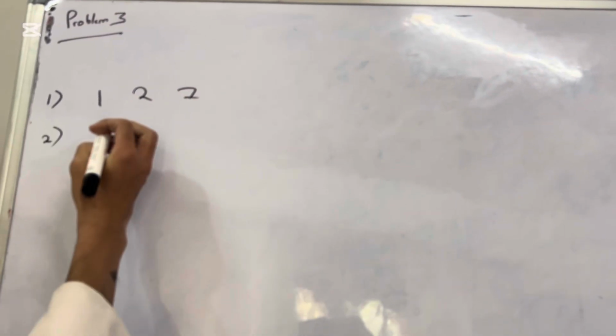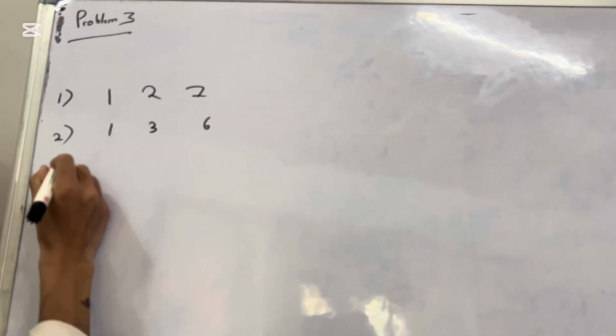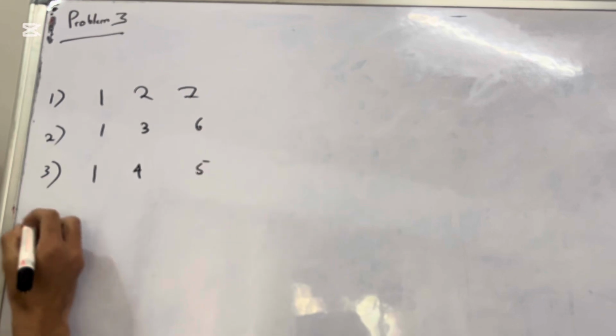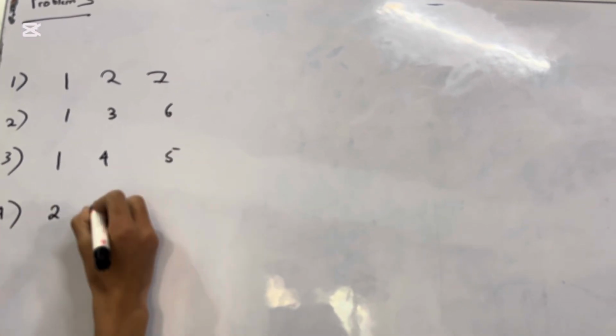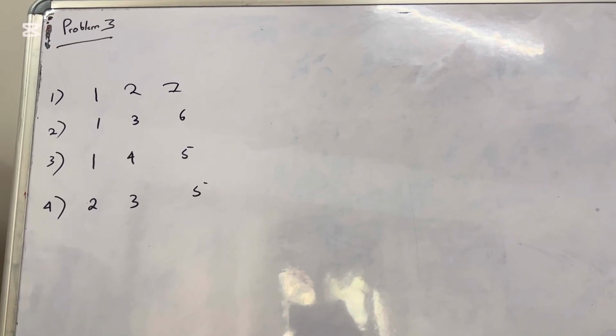Secondly, into groups of 1, 3 and 6. Thirdly, into 1, 4 and 5. And lastly, into 2, 3 and 5. And we get all of the other groups by interchanging the positions of these numbers.